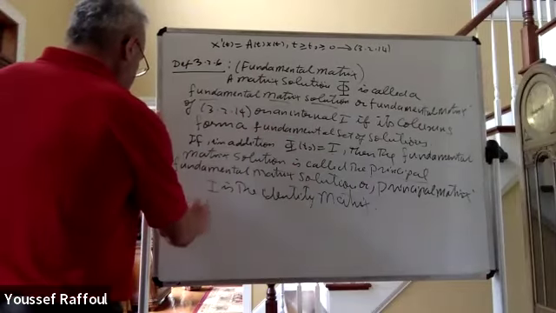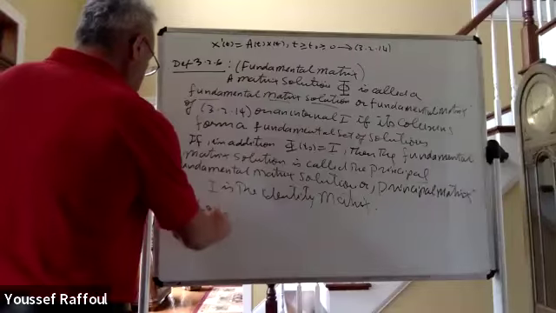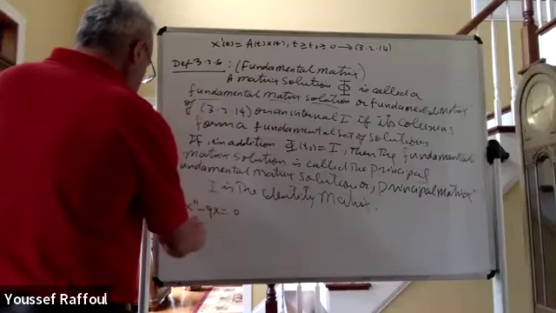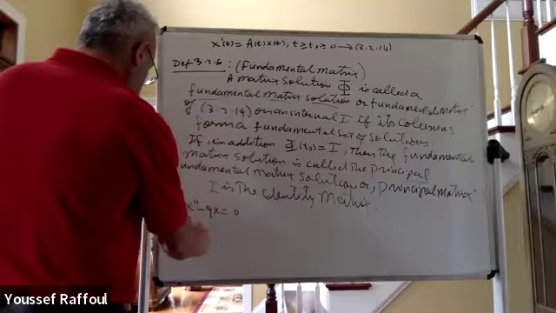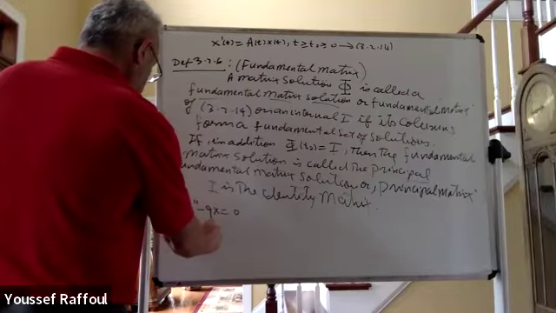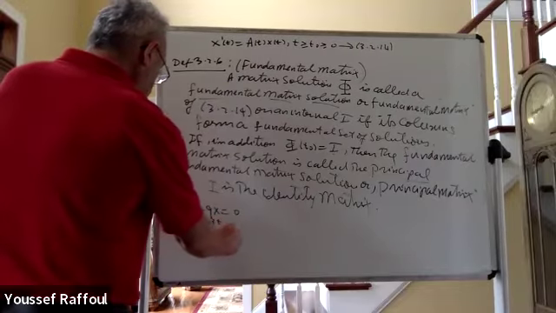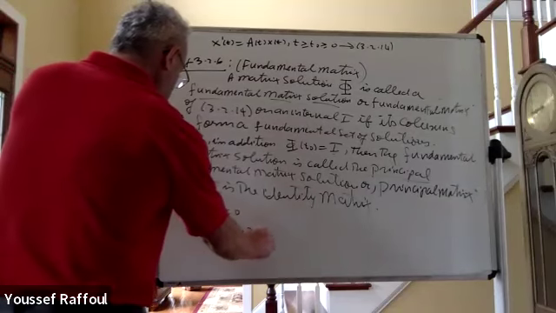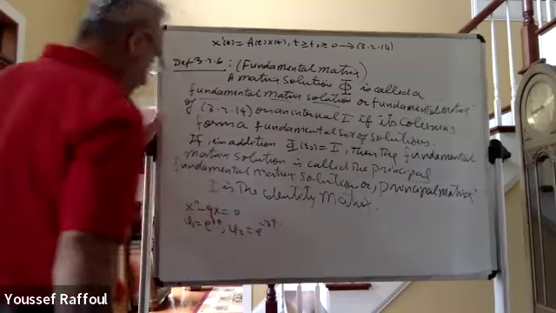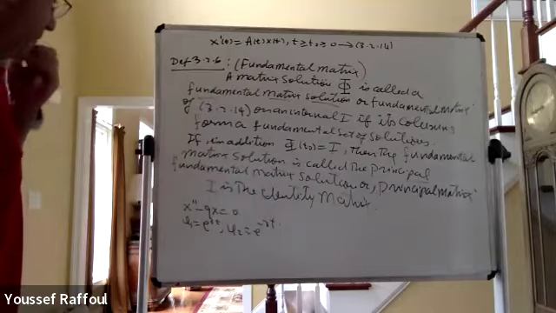Remember before we had x second minus 9x equals 0, and we found phi 1 equal to e to the 3t, phi 2 equal to e to the minus 3t.